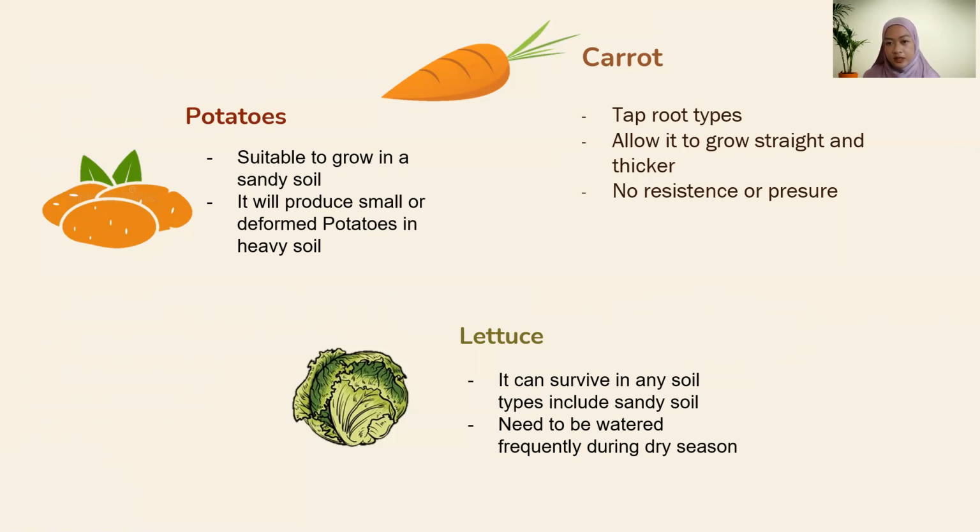To illustrate, carrot has a taproot, which makes it easy to get into the soil to find water, and sandy soil also allows it to grow straight and thicker because there is no resistance or pressure for it to develop.